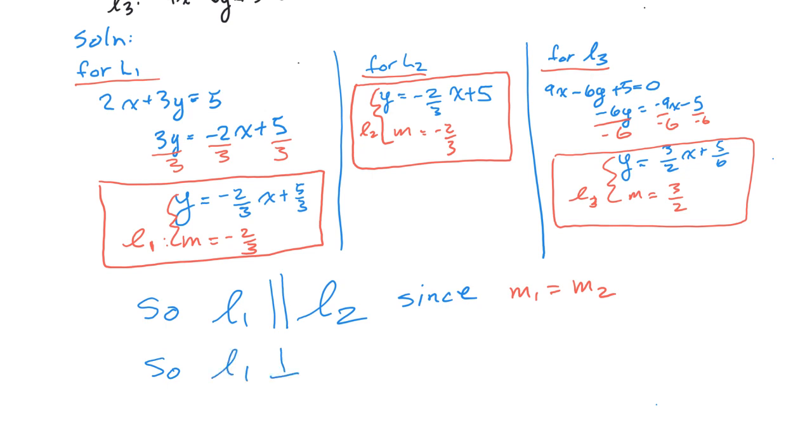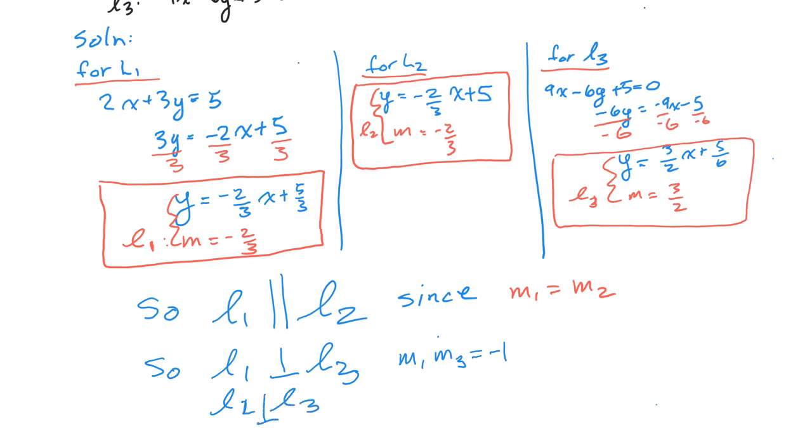L1 is perpendicular to L3 since M1 times M3 is equal to negative 1. So it's like you're saying that it's the negative reciprocal. And you can say the same for L2 and L3 as well.